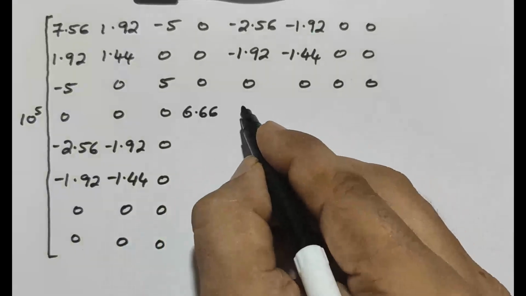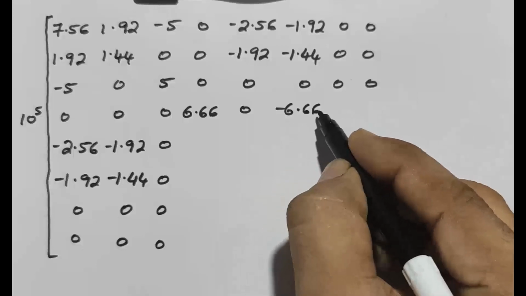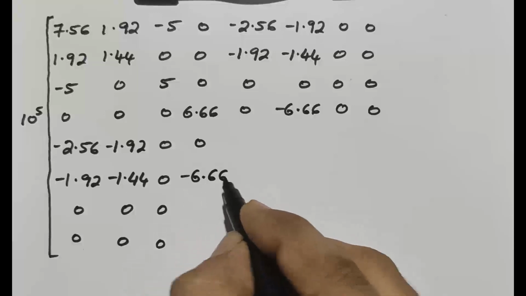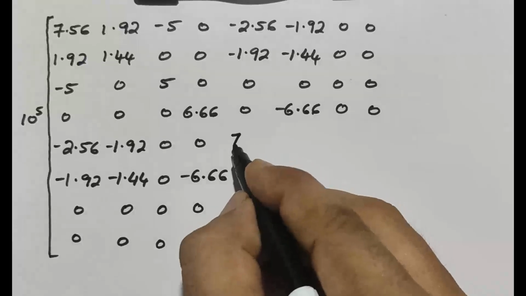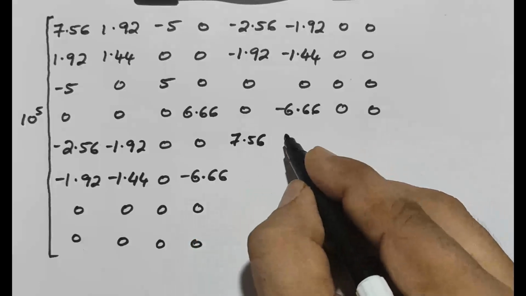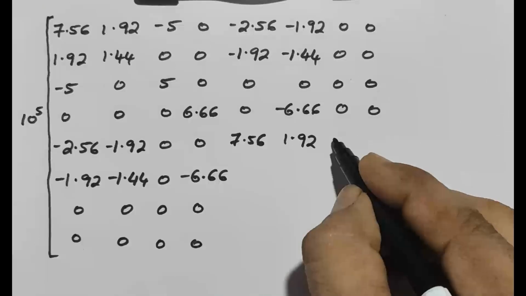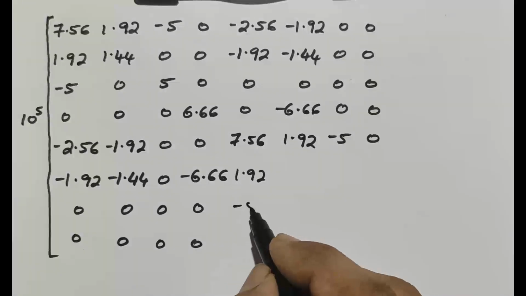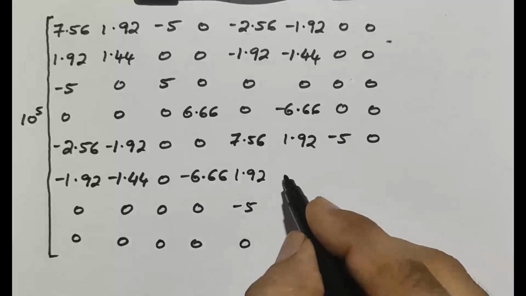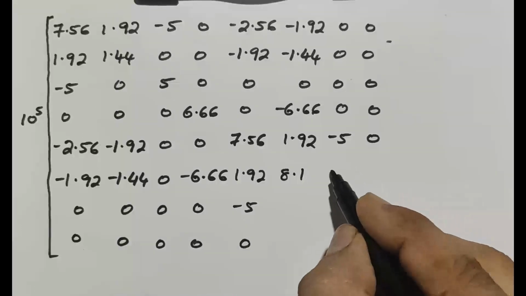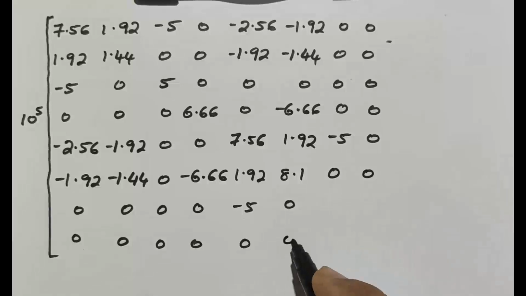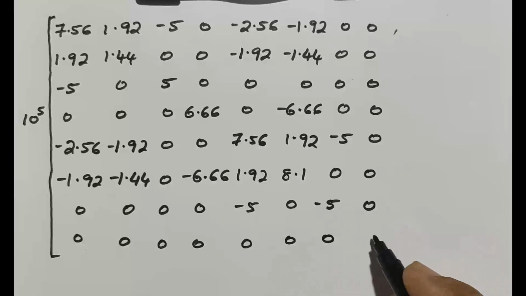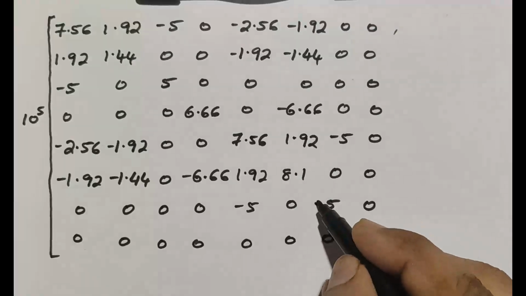6.66, 0, minus 6.66, 0, 0, 0, minus 6.66, 0, 0, 7.56, 1.92, minus 5, 0, 1.92, minus 5, 0, 8.1, 0, 0, 0, 0, minus 5, 0, 0, 5. Sorry, this is plus 5.